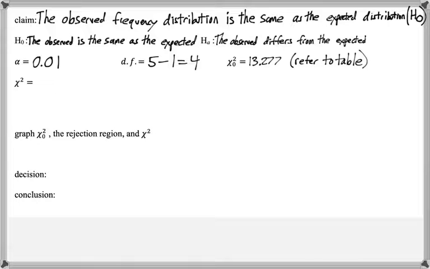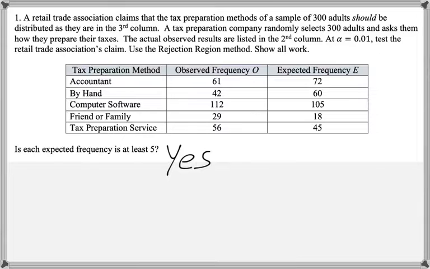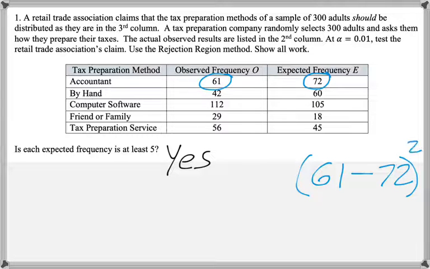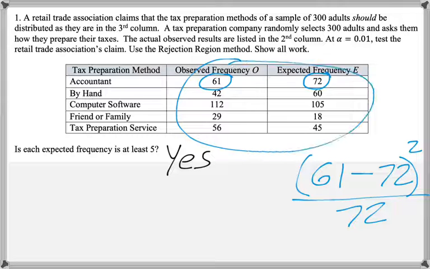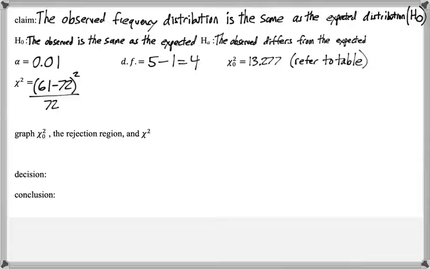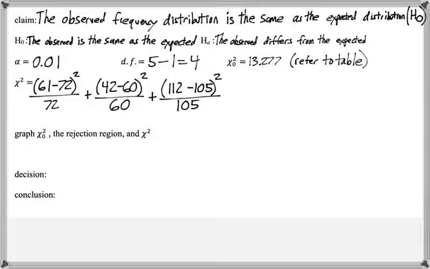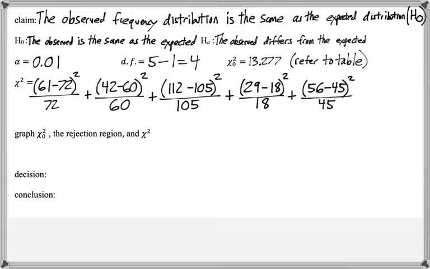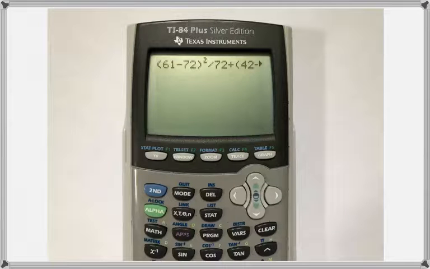Now for chi-squared, we want to take the observed value, subtract the corresponding expected value, square it, and then divide by the expected value. And we have to do that for all of these. So it's a large calculation. Now I'm going to type that all in one line on the calculator.